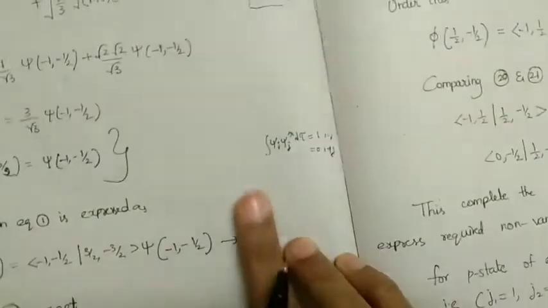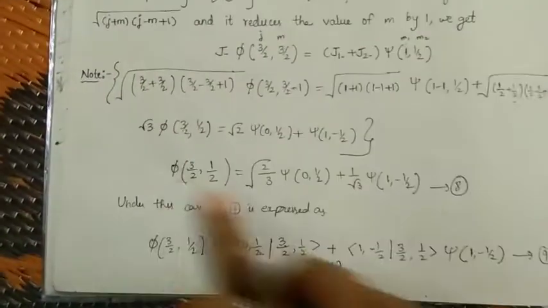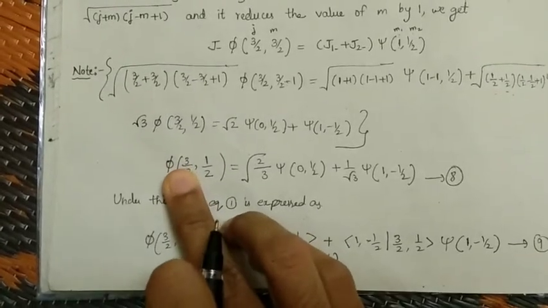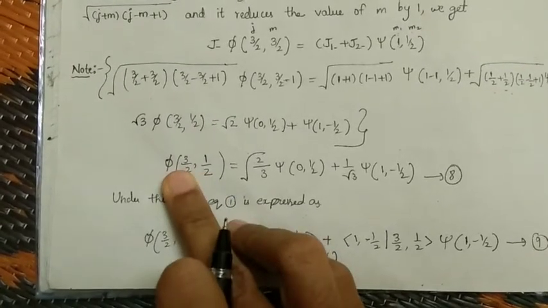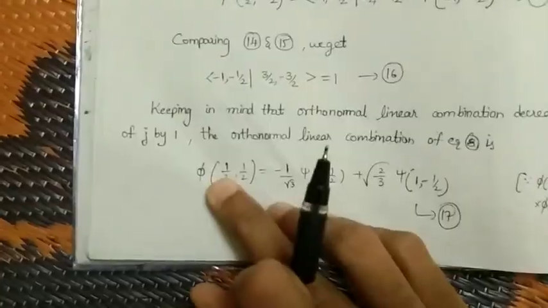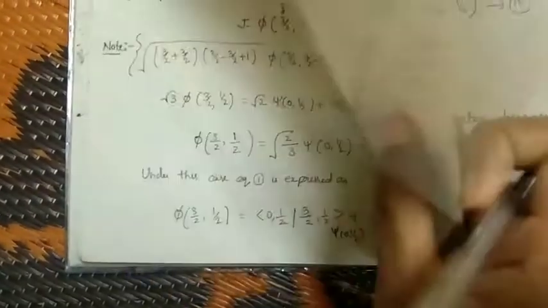So like that orthonormality condition. So here what they are saying is it reduces the value of j by 1. So they are saying for equation 8. So this is the equation 8. So for this equation 8, this is j value 3 by 2 and this is m value. If we reduce j value by 1, 3 by 2 minus 1 is nothing but half. And m value we are not changing.